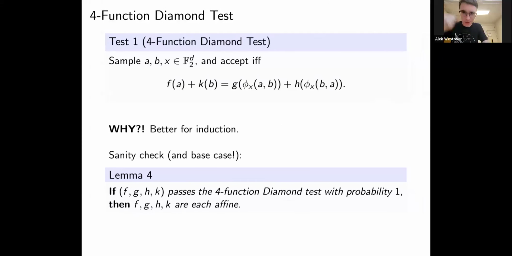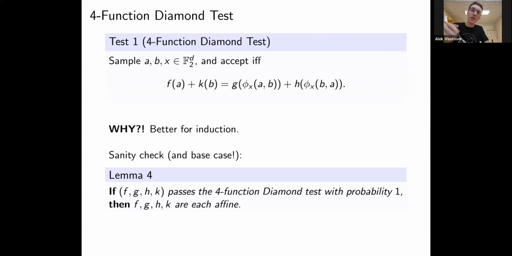And just to maybe convince you that we're not doing something totally insane, I can assure you that we still have that nice property from before, which is that if this four-tuple of functions passes the diamond test with probability 1, then it actually means that these functions are all affine. And in fact, they're basically the same affine function.